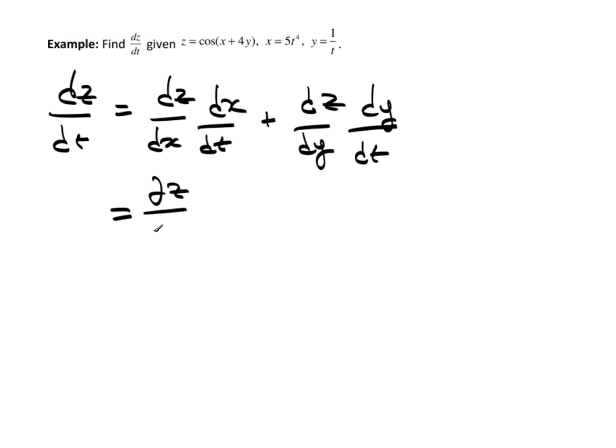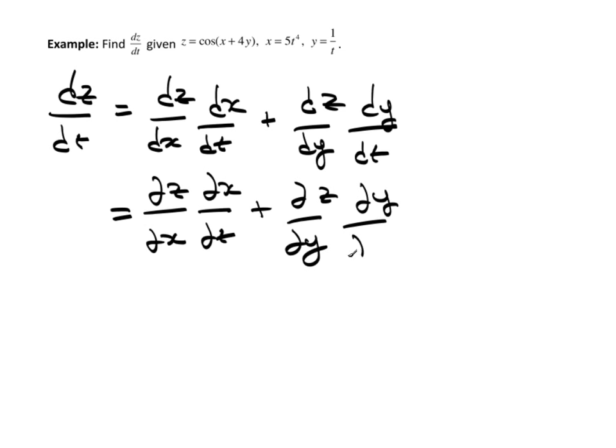The partial of z with respect to x, the partial of x with respect to t, plus the partial of z with respect to y times the partial of y with respect to t.